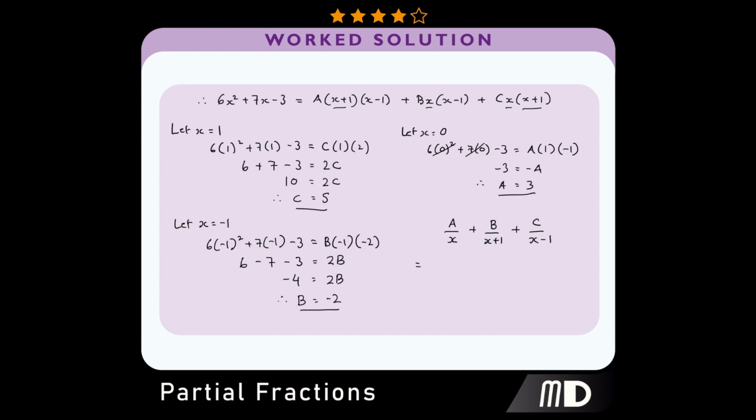And substituting in our values for a, b, and c gives us 3 over x. And because b is a negative, I can write this as minus 2 over x plus 1 plus c, which is 5 over x minus 1. And that's the answer to the question.